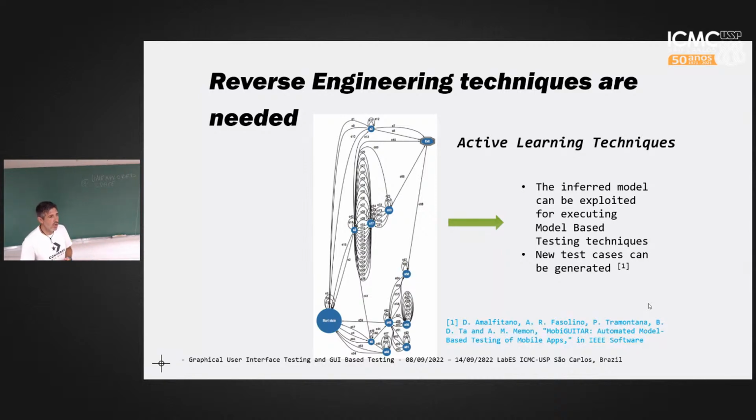We can change our testing process, okay? We can start by launching the robot or the agent, perform a first session of testing. At the end, we obtain the model, and on that model, we can apply a model-based testing approach. So it's fully automated. I launch the exploration, I build the model, and I execute a model-based testing approach.